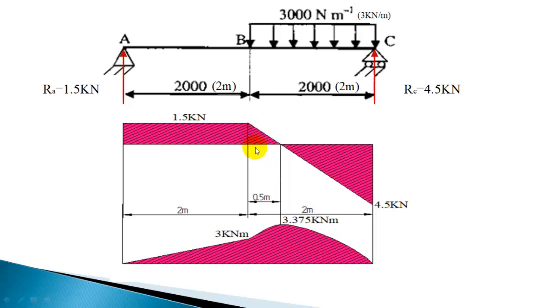This area is 1.5 into 0.5 divided by 2, that is 0.375. So 3 plus 0.375, you get the bending moment as 3.375. So the peak bending moment is 3.375 kilonewton meter. But we need only this distance, 2500 mm, the location of peak bending moment.